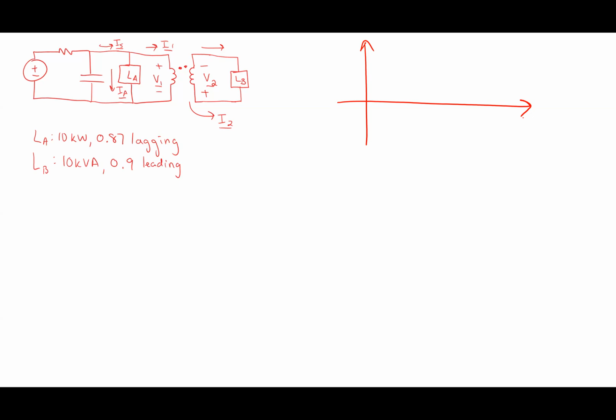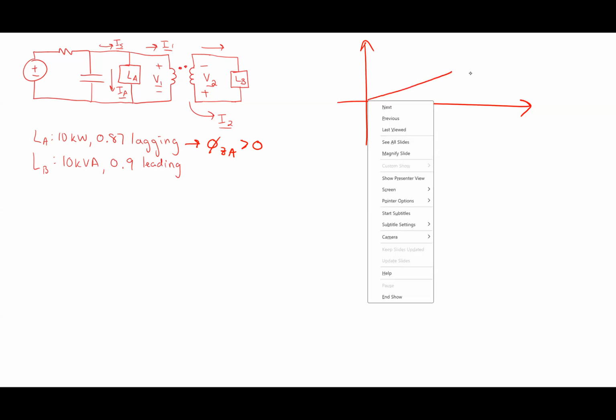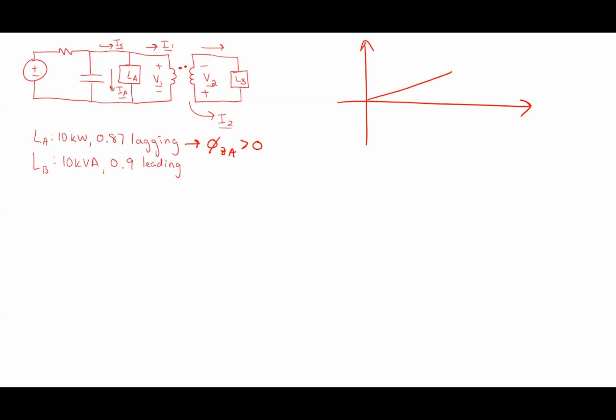So right now I know that phi sub ZA is greater than 0 degrees. It's between 0 and 90, right? But it's somewhere over here. Okay. And I've been told that the real part of this guy, P sub A, is equal to 10 kW.